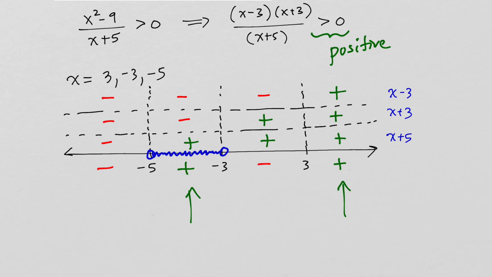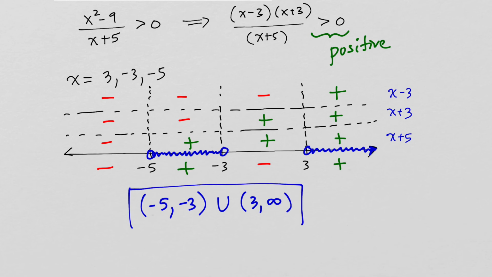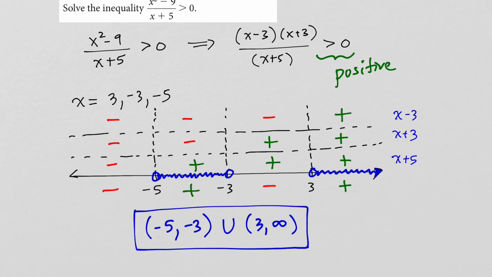And then also all the numbers to the right of positive 3. And so our final solution here is all numbers from negative 5 to negative 3, not including, union all the numbers from 3 to infinity. And I really believe that once you get enough practice, you will also be able to solve these problems just as quickly.